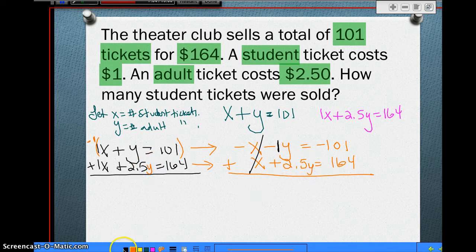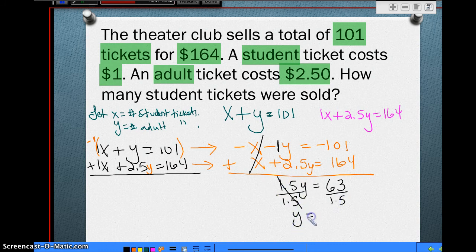Let me put that in. So now I have negative 1y plus 2.5y is 1.5y is equal to 164 plus a negative 101, which is equal to 63. And then you divide both sides by 1.5.